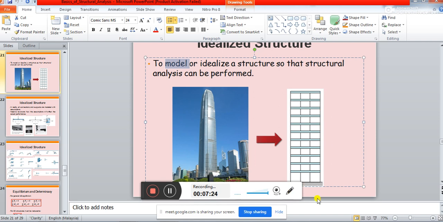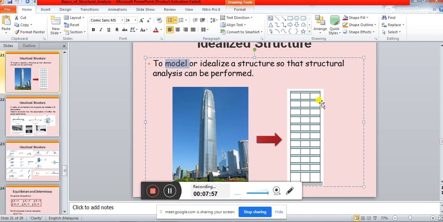Very simple. It looks very simple, but it requires a lot of expertise. Gradually, when you will be learning your structural analysis course, and when you will be doing the analysis using design software and others, you will get more clarity on this. So, you must understand this modeling and idealization concept very clearly, because without idealization you cannot model a structure.